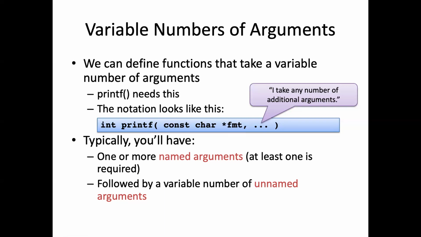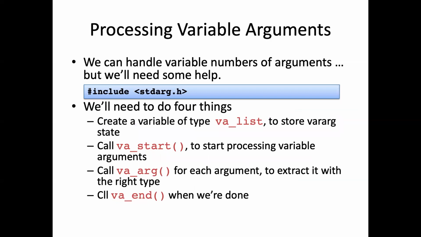The problem is the format of arguments on the stack is platform and compiler dependent. So if we wrote our own code to do that, it might work on one system, but then when we move that code to another machine, it might not work anymore because maybe that machine uses a different way of storing the parameters on the stack. Fortunately, the C standard library helps us out with this.